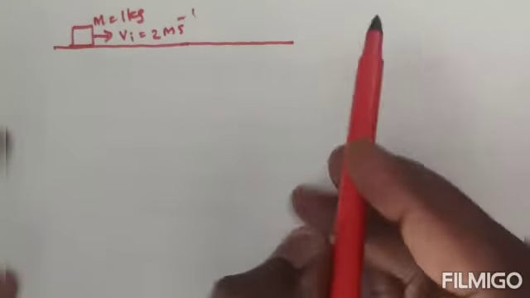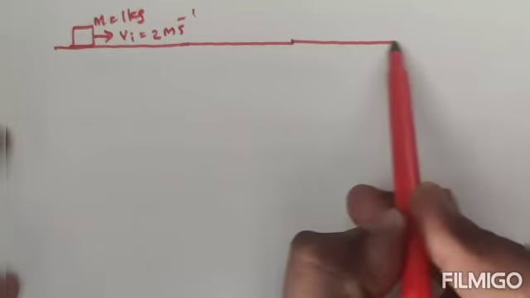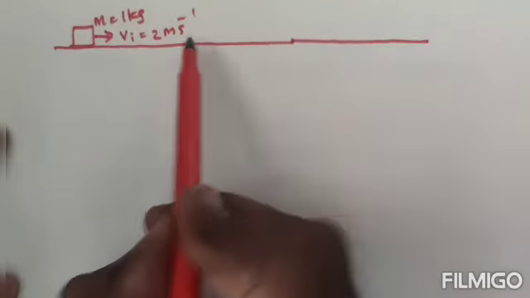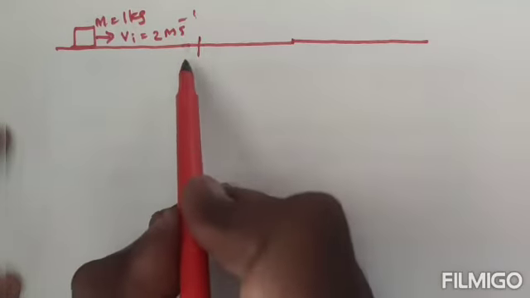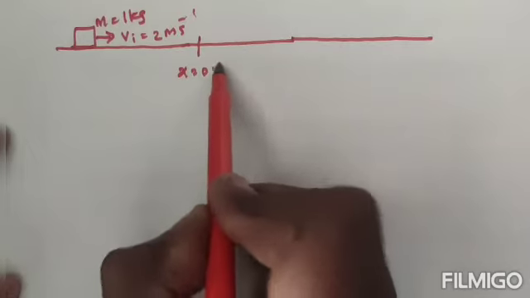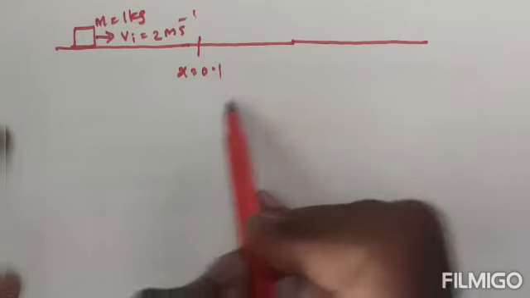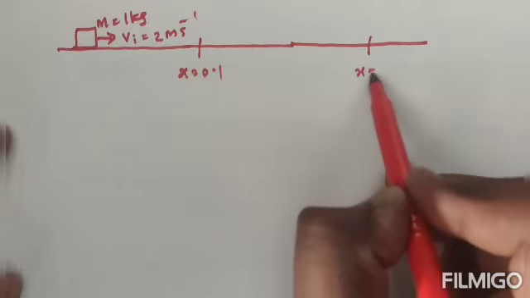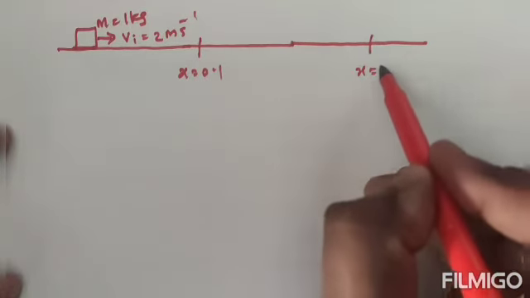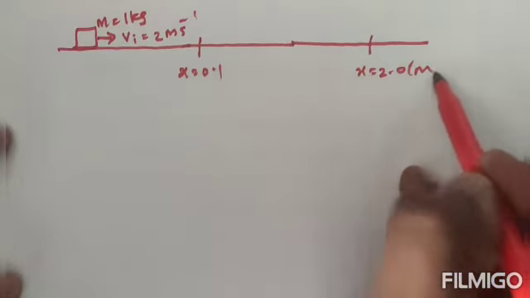This is initial velocity. So in this path, let us imagine this position is x equal to 0.1 meter. Then let's imagine this position x equal to 2.01 meter.